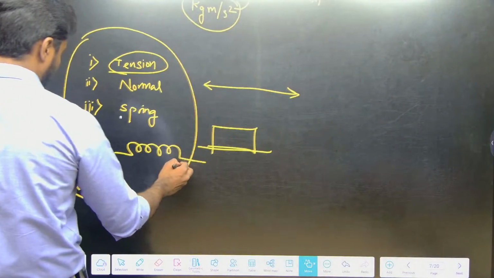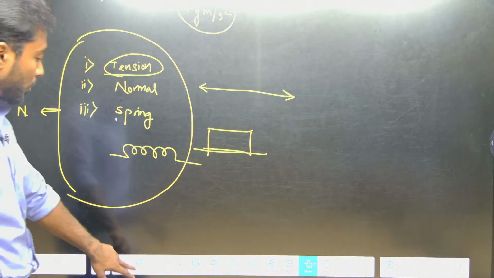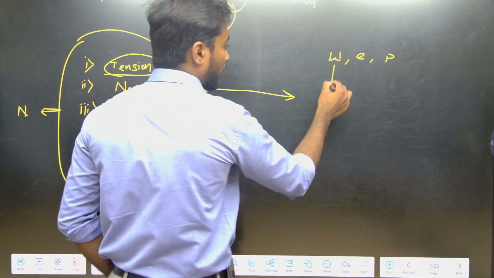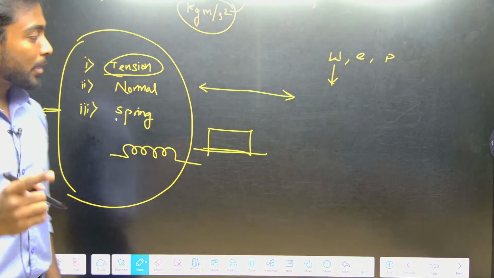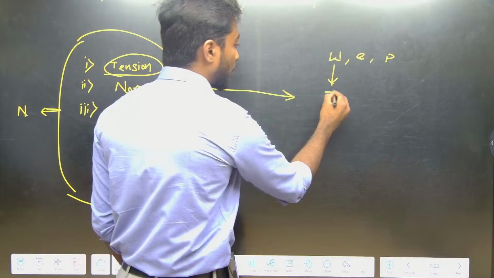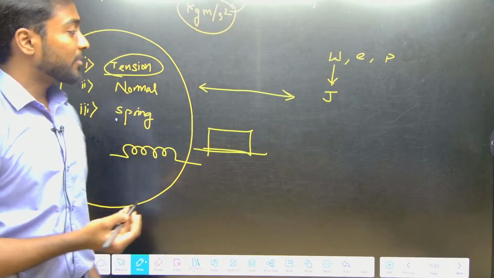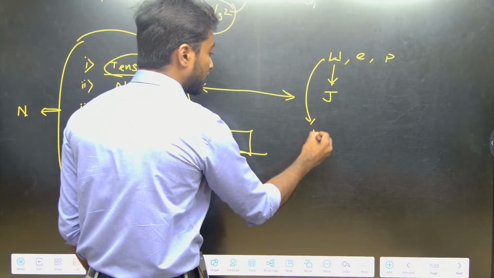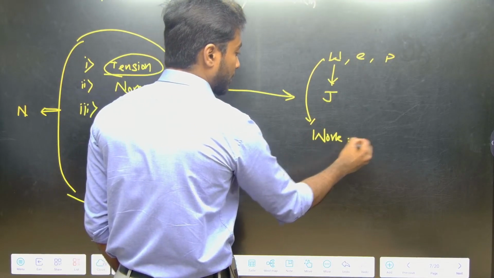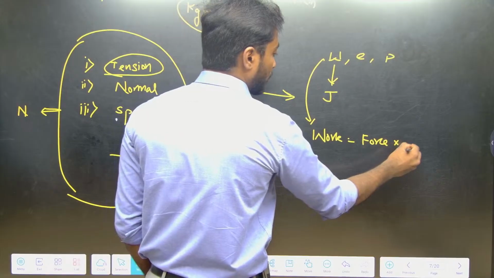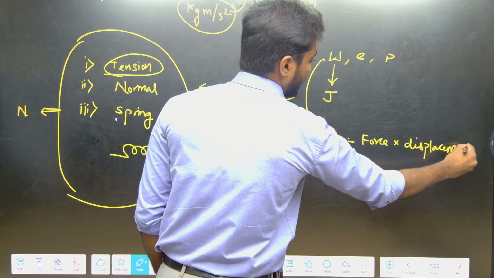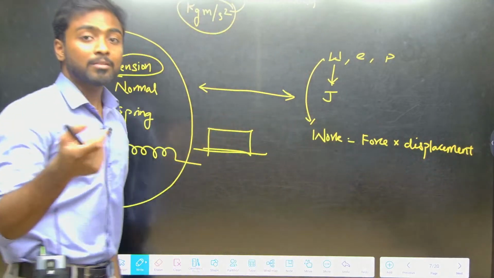Then what else would you have gone through in the lessons? Work, energy, power. In work you would have studied the unit as joules. So what is the meaning of joules, how have we got the joules? Work is nothing but force into displacement. Displacement's unit is meter.